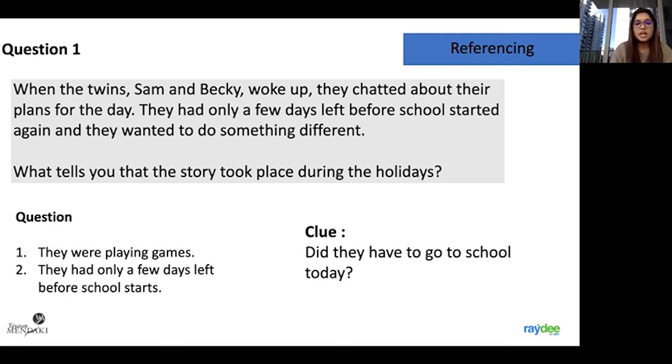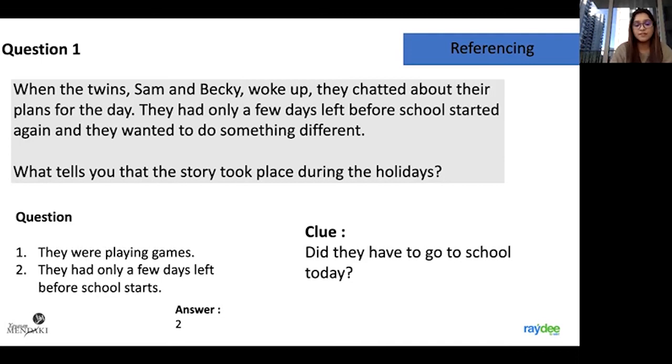So the clue is, did they go to school today? Because they woke up and they started planning for the whole day. So that tells us that they didn't go to school today. And also another clue is they only had a few days left before school started again. So we know that the answer is number 2.